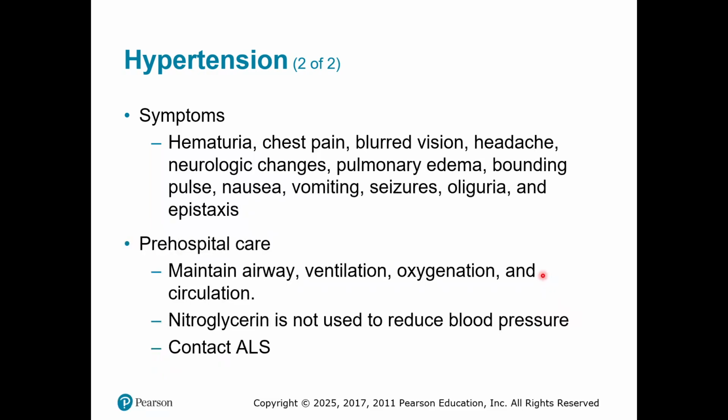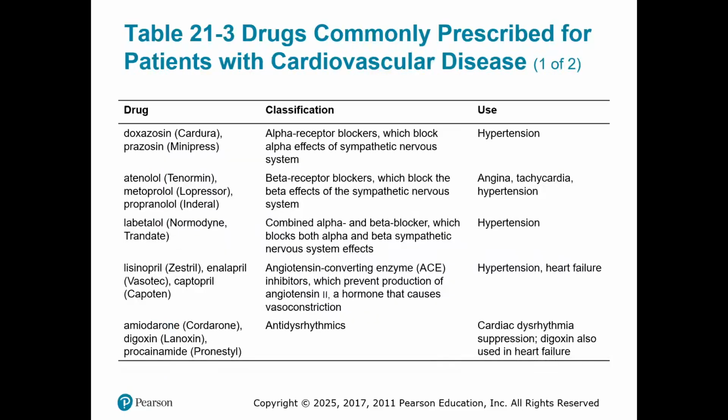So someone who's in a hypertensive crisis, we're going to hold on that nitro and transport. I would go over some of these drugs, understand their classification and what their uses are.